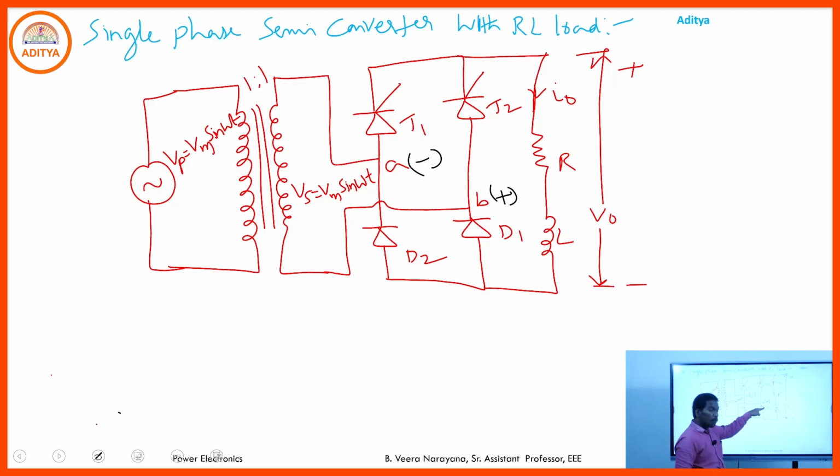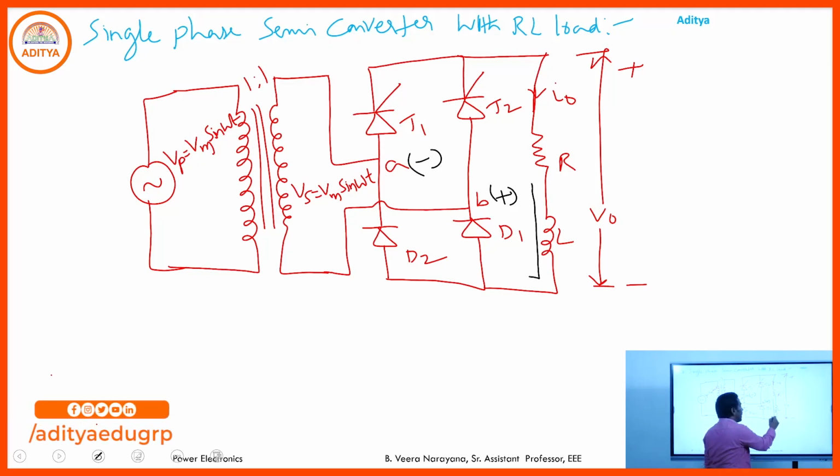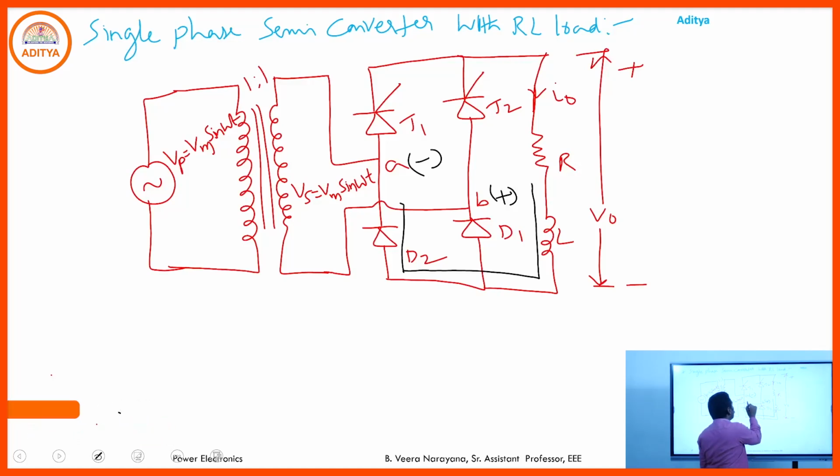So D1 goes to the reverse biasing mode, T2 comes to the forward biasing mode, and D2 is in forward bias, that means on state. Actually from alpha to pi there was some energy stored in the inductor. Then the energy stored in the inductor tries to discharge through D2, T1 and the load.